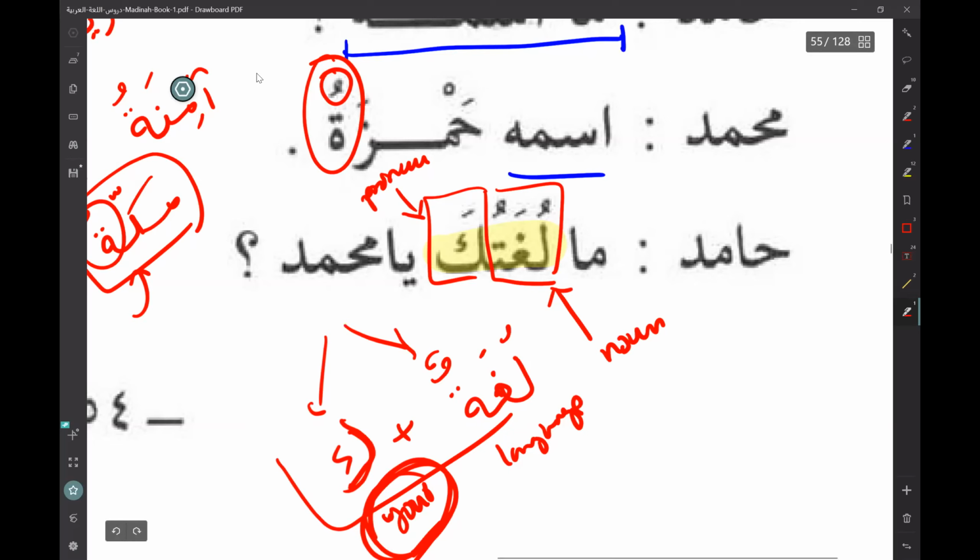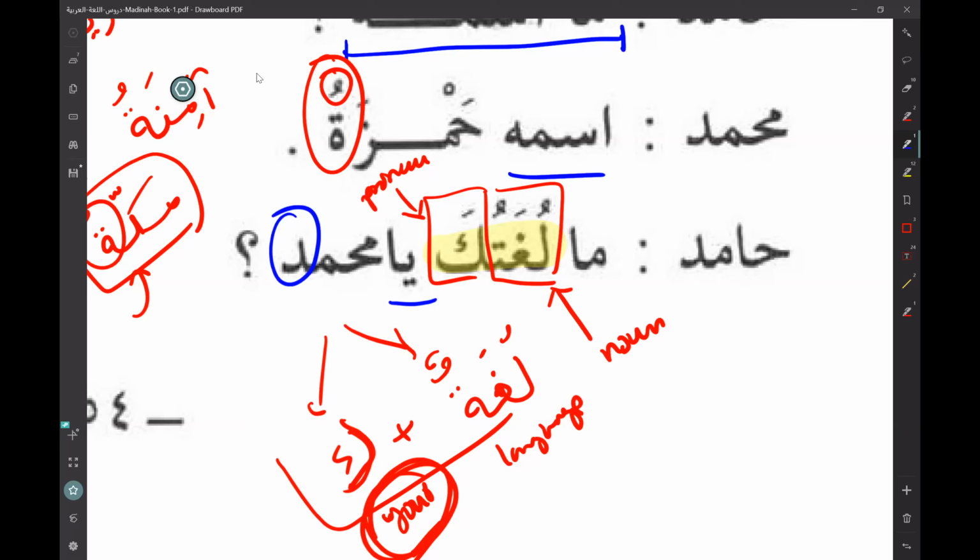Now I have a question. I have a feeling we talked about this one. What goes here before I translate? Ya Muhammad. What goes here? I think we talked about this. I'm not sure. Did we talk about this? This thing must have come before, otherwise the book wouldn't omit the harakat. Yes, the translation is good.